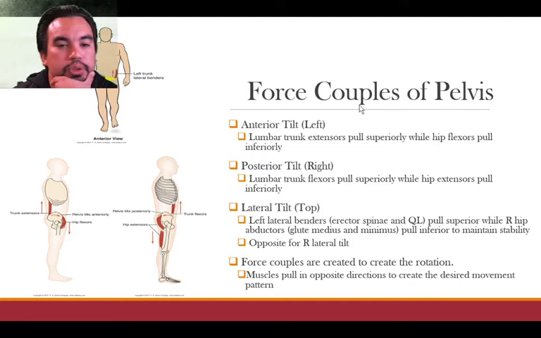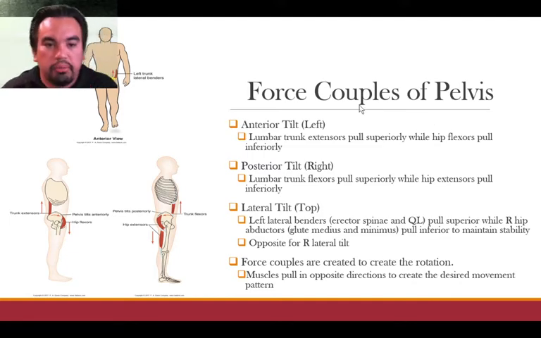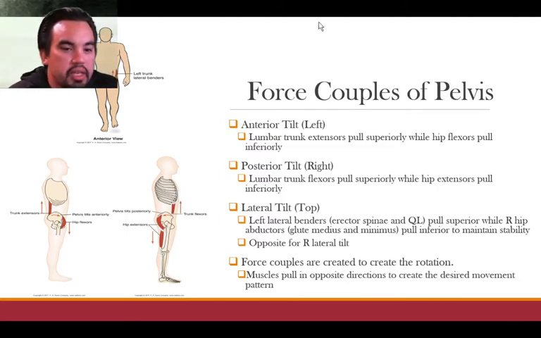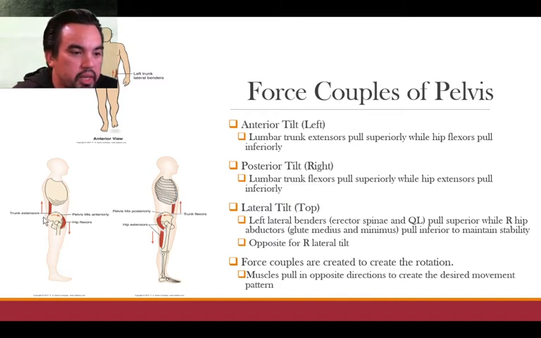So we discussed force couples a couple chapters back, and this is really present in the hip. So if we look at our anterior tilt, okay, you see that the lumbar trunk extensors pull superiorly while the hip flexors pull inferiorly, okay? Trunk extensors pull up, hip flexors pull down, and that gives us that anterior tilt of that pelvis, okay?